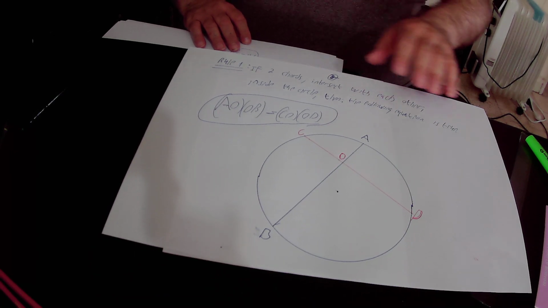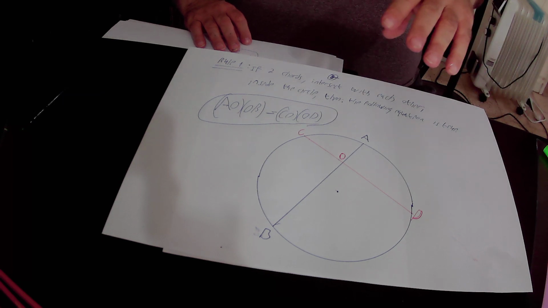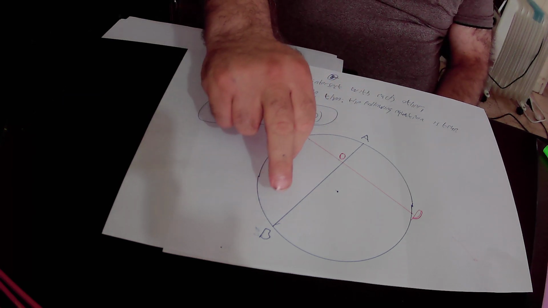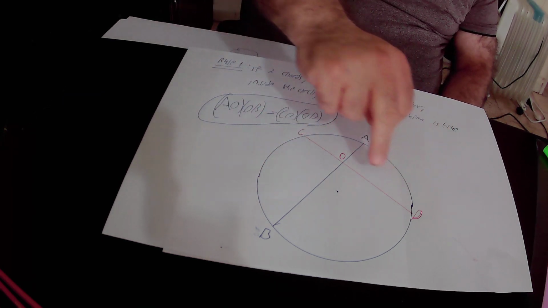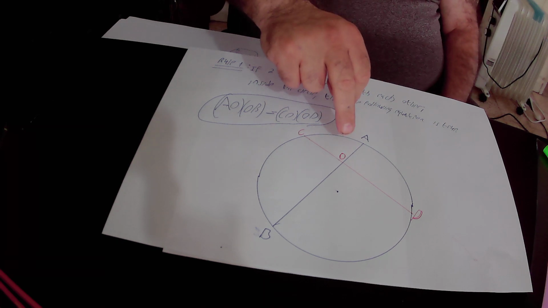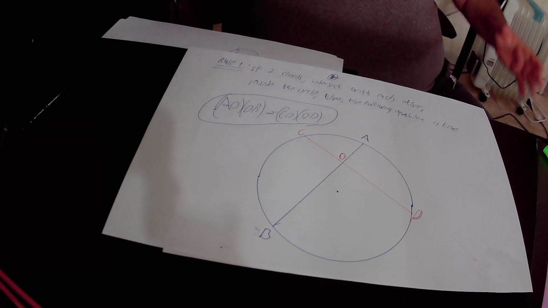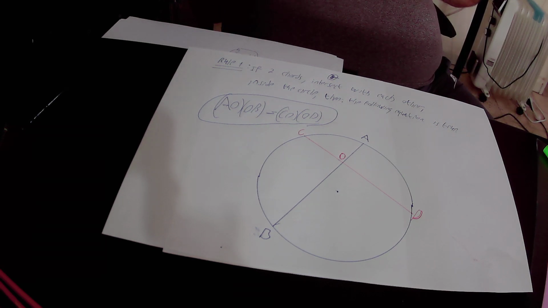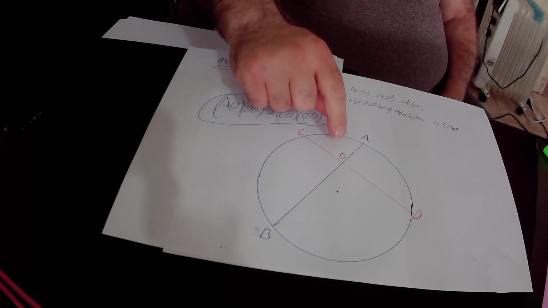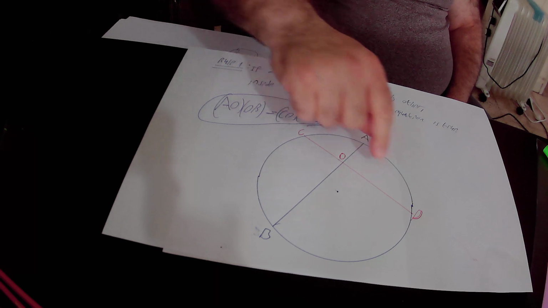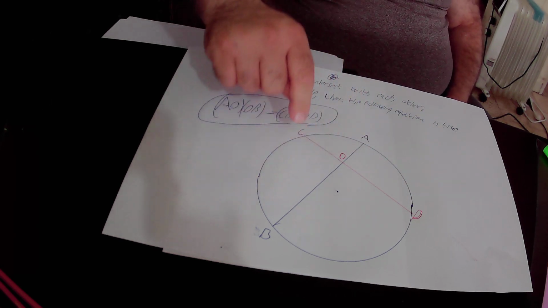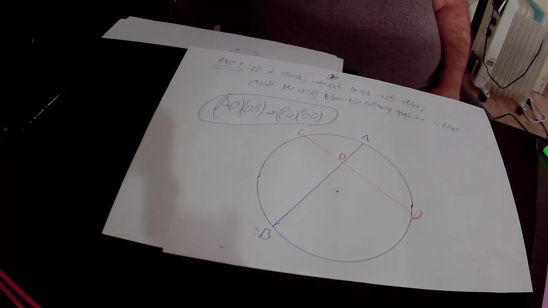So here we have this circle, and inside this circle we have chord AB that intersects with chord CD at point O. Point O is the intersection point of chord AB with chord CD. Therefore, according to rule number 1, we get that AO times OB equals CO times OD. Okay?